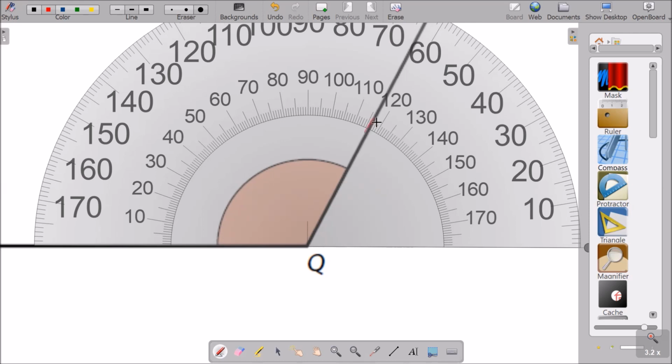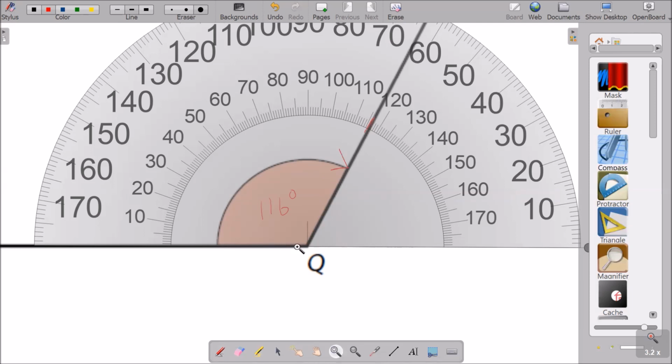What value do we read off from here? This is around 110, 115, 116. Yes, 116 degrees. So this is 116 degrees, this angle from here to there.